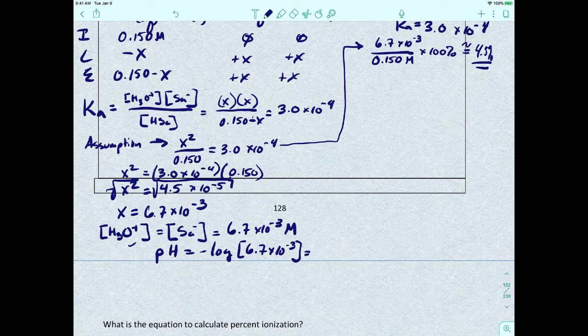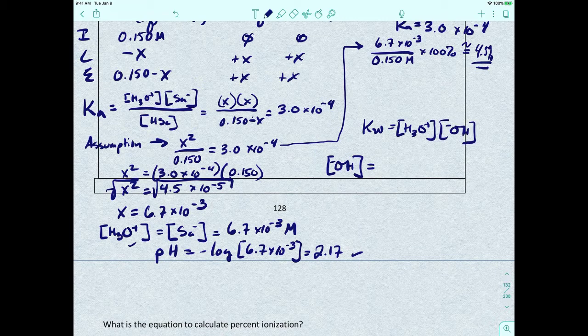And so the pH of this solution is going to be about 2.17. Now we also need to find the concentration of hydroxide ion, and to find that we've got to use the Kw. Remember that Kw is equal to the concentration of hydronium ion times the concentration of hydroxide ion.